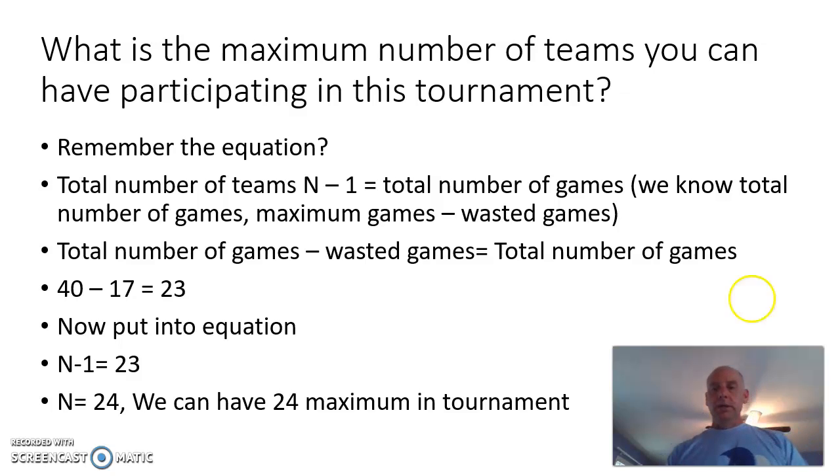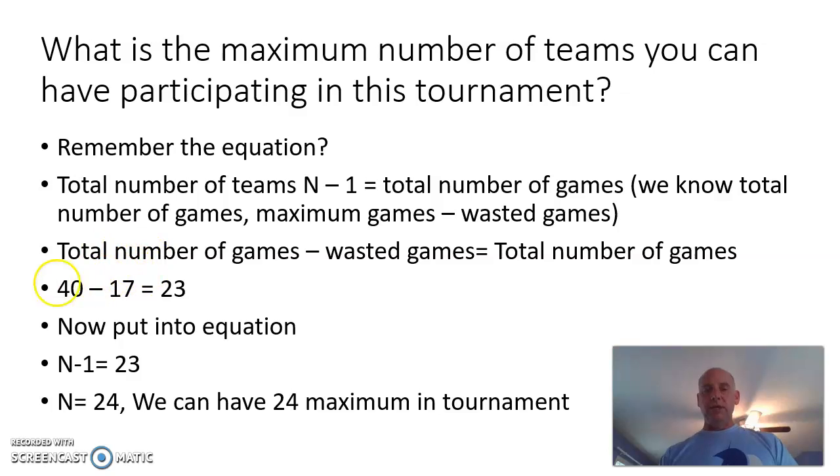But we know total games, right? We just figured out we have 40 total potential. That's the maximum we can have. But we're subtracting 17 from that. So we know 40 minus 17 gives us how many total games we're going to have available to play.